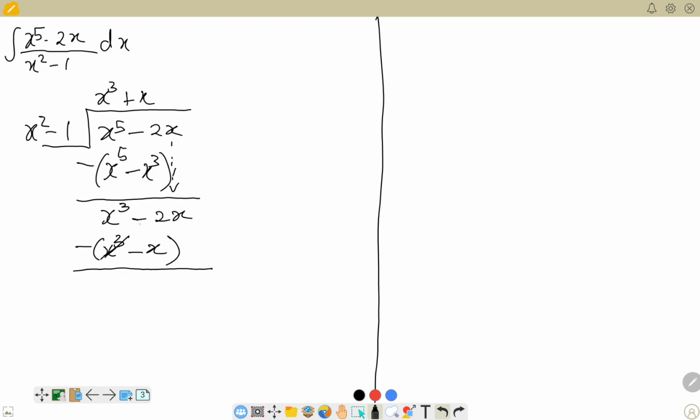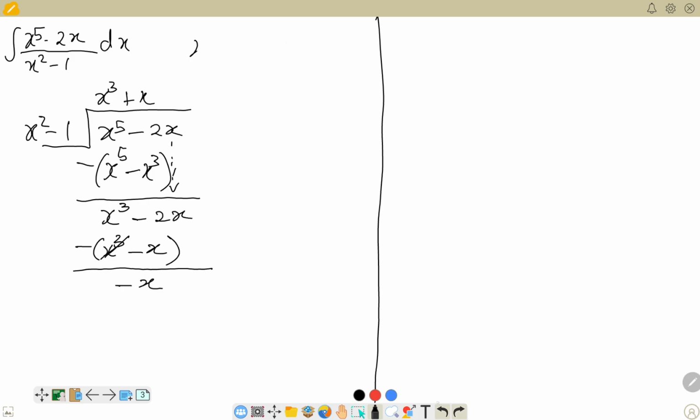Then we'll be left with negative 2x minus x, which is going to be negative x. That's how we got there.